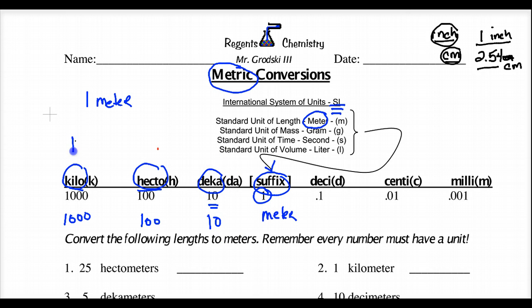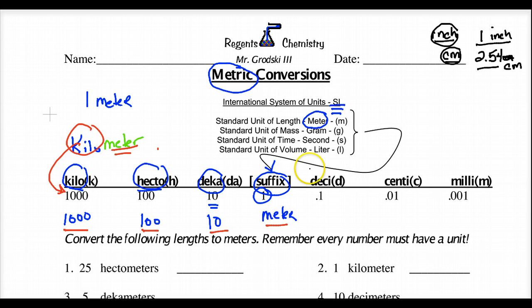So if I say kilo, and I change this to meter, the kilo tells me that I have how many? 1,000. Kilo tells me 1,000 of these single meter units. Now, the metric system is nice because I'm changing by tens. When I went from inches to miles, I'm changing by all kinds of crazy numbers. So it's really nice to change by tens.